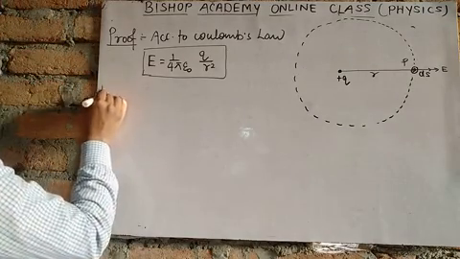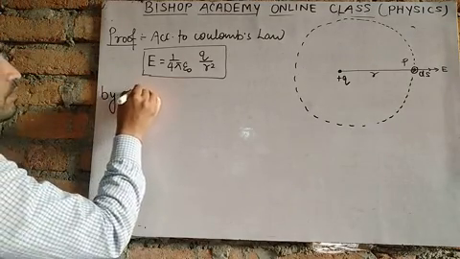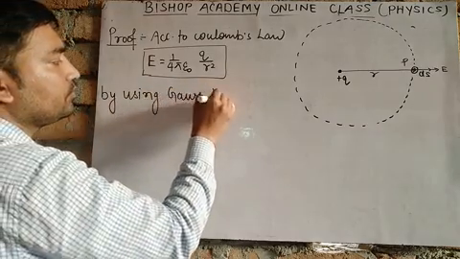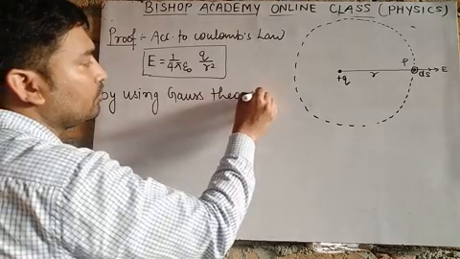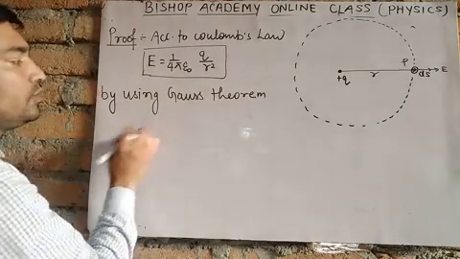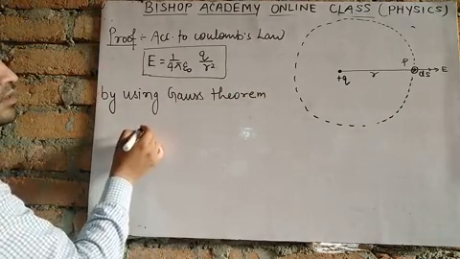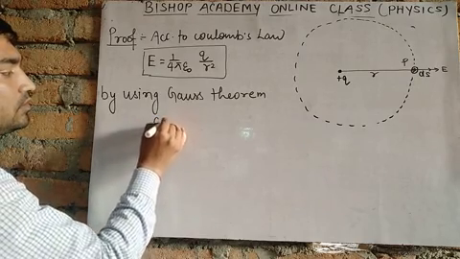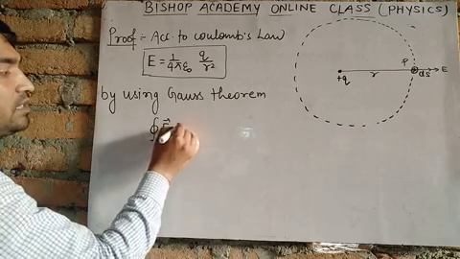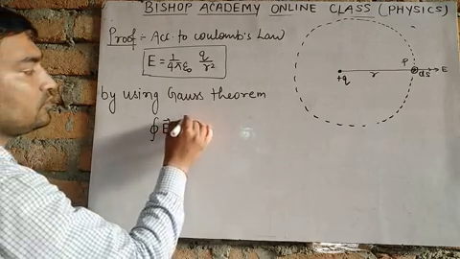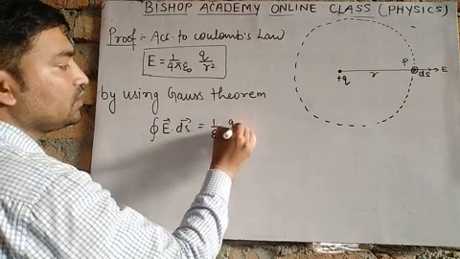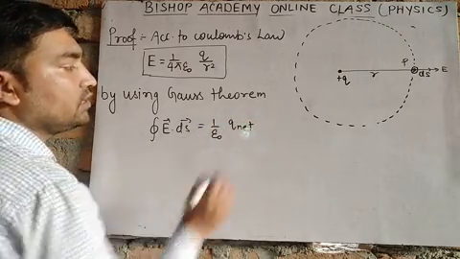Hence, by using Gauss theorem, we know that the integral over the closed surface E dot ds is equal to 1 upon epsilon naught times the net charge Q net.